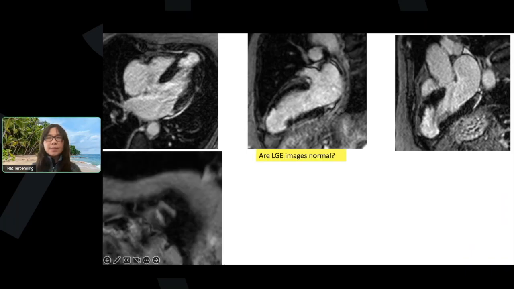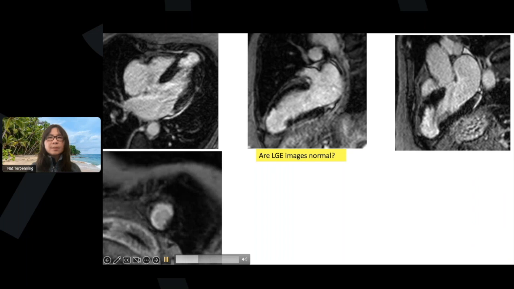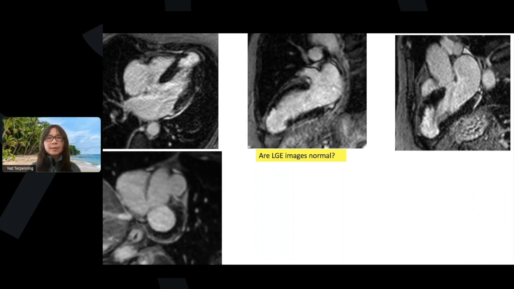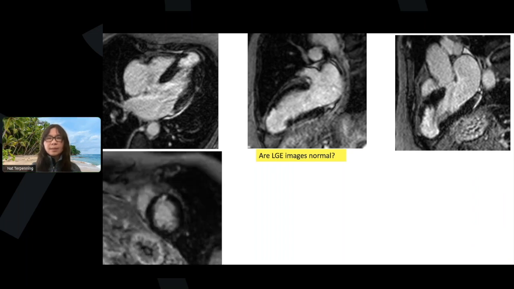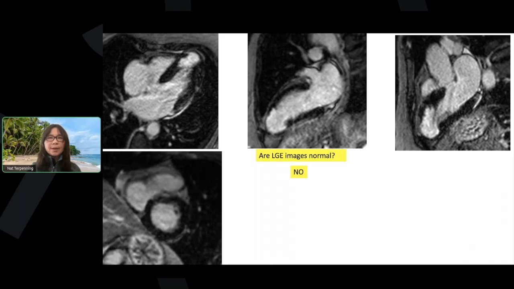So my question is, is LGE normal, do you think? When you look at it, no, it's not normal. So what is it? See, you start seeing something here. Those are subendocardial enhancement. This one doesn't show much.